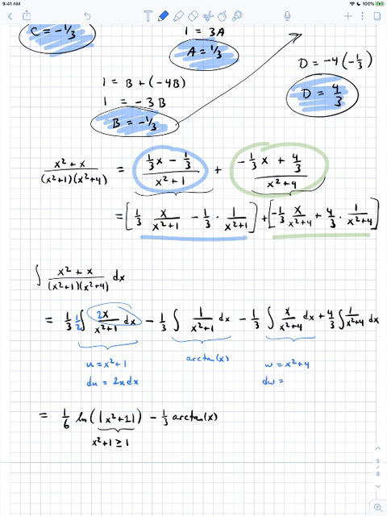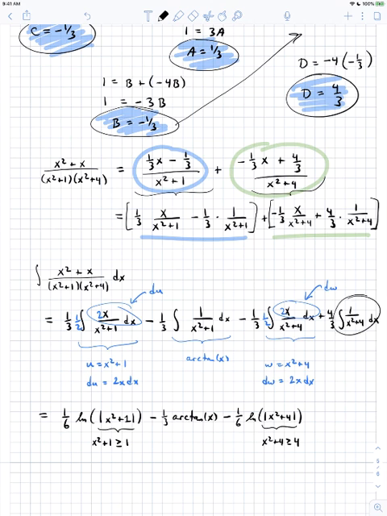Then dw is 2x dx, and again you just need a 2 there, just like du over here. And then you're left with 1 over w. We have to put the 1/2 in front as well, so this is minus 1/6 times the integral of 1 over w dw. So it's ln of the absolute value of x squared plus 4, and again you don't need the absolute values there because x squared plus 4 is greater than or equal to 4, so it's certainly always positive.